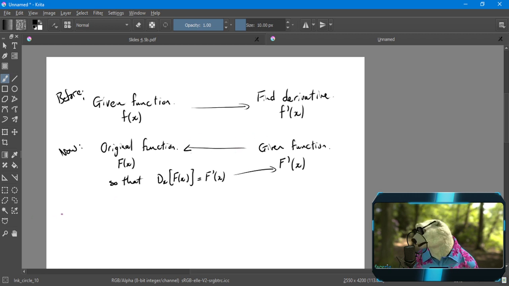As a very simple example, let's build up in complexity with this concept.